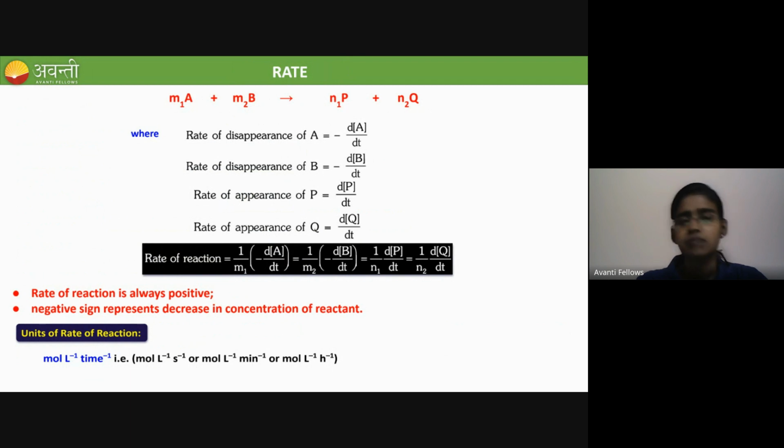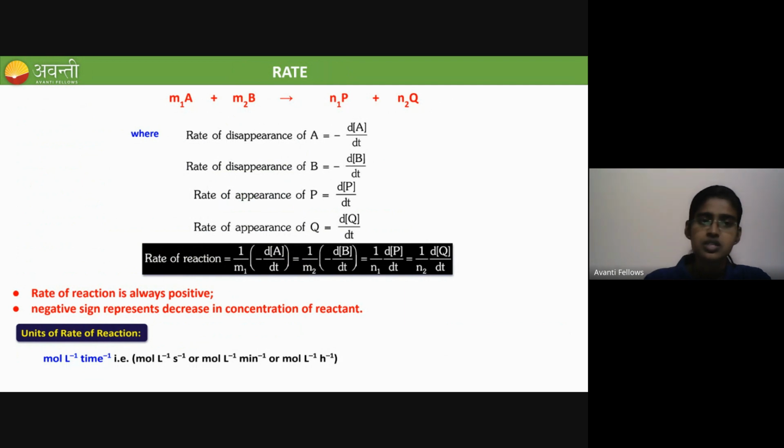It is nothing but the rate of disappearance of reactants and the rate of appearance of products. If I have A and B as reactants and P and Q as products, then the rate of disappearance of A and B will be equal to the rate of appearance of P and Q. The change in the concentration with respect to time is nothing but the rate.